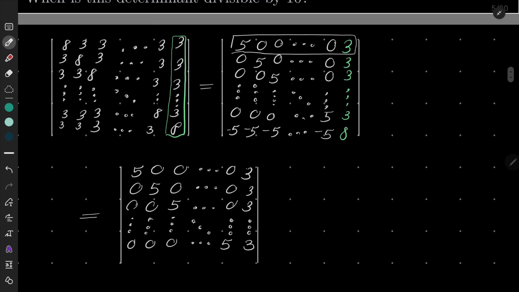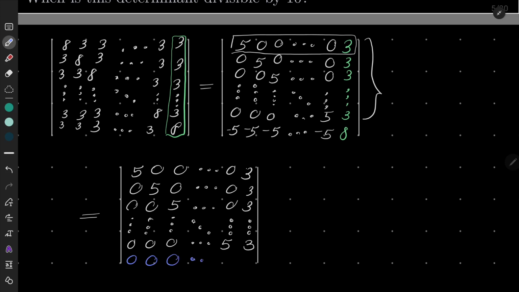So I take every row and add them together into the last row. So 5 plus 0 and so on, plus -5, will change to 0. 0 plus 5 plus 0 and so on, plus -5, will become 0 as well.